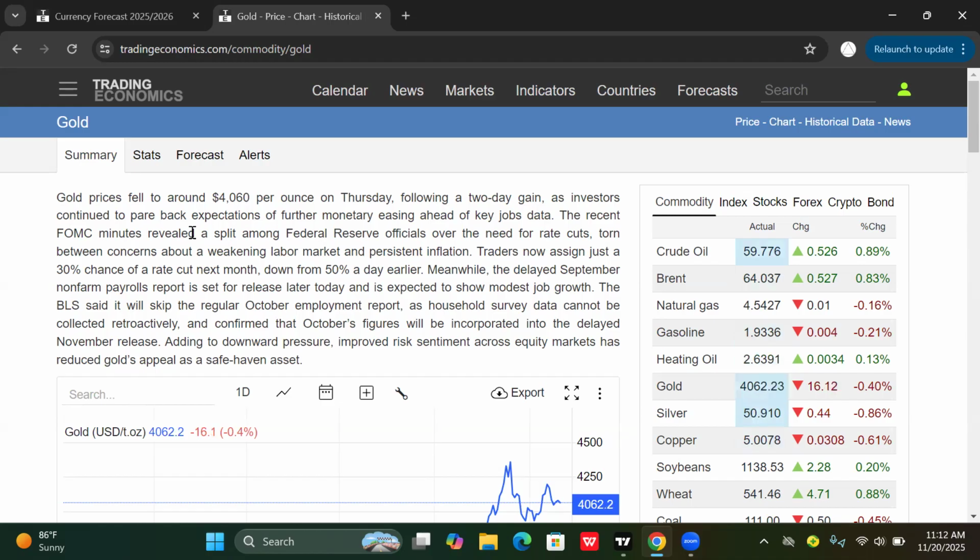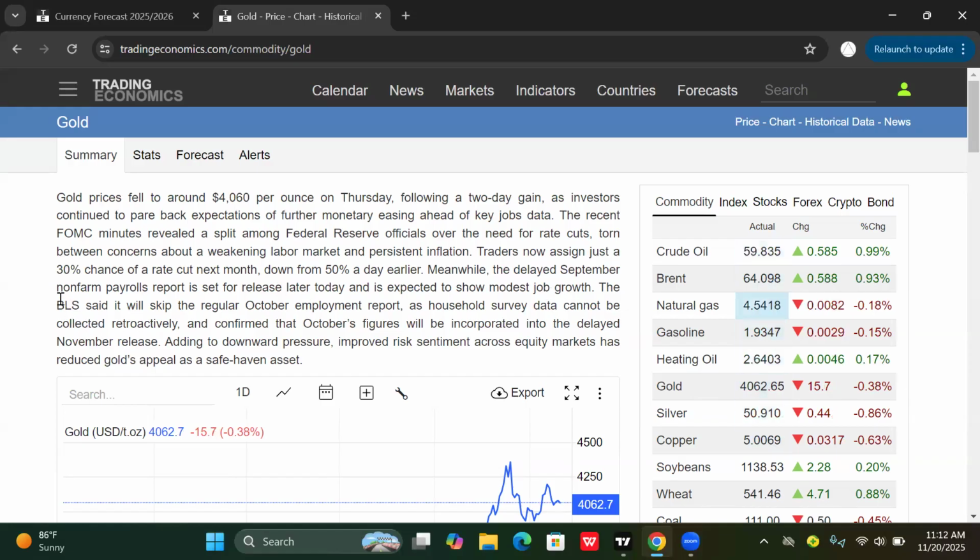The recent FOMC minutes revealed a split among Federal Reserve officials over the need for rate cuts, between concerns about a weakening labor market and persistent inflation. Traders now assign just a 30% chance of a rate cut next month, down from 50% a day earlier. Meanwhile, the delayed September non-farm payroll report is set to release late today, which is Thursday, and is expected to show modest job growth.